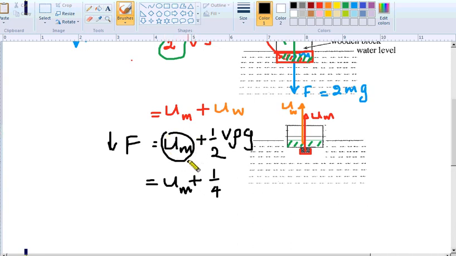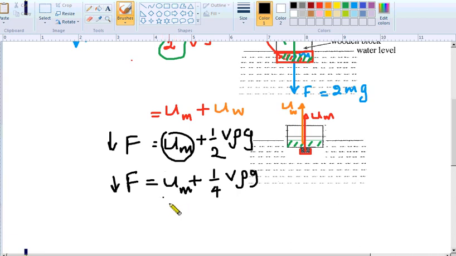From this term some amount must be reduced. Therefore it can't be half, we can say it might be quarter V rho g. Because the left side of the equation is not equal if the other term is not reduced.